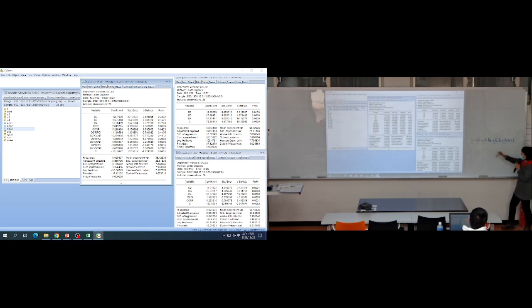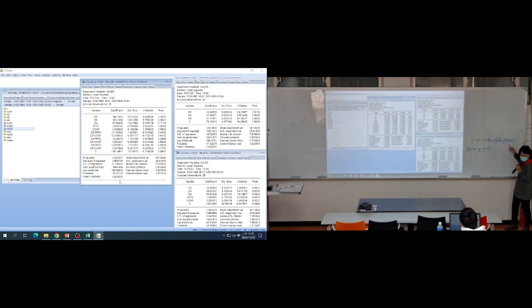So when D2 equals 1, what does that mean? If D2 equals 1, these two are 0, because this is only for the second season. Means Y equals beta 0 plus beta 1.